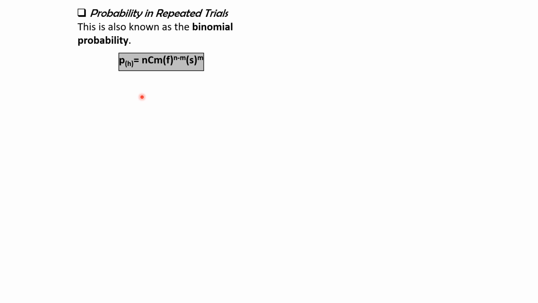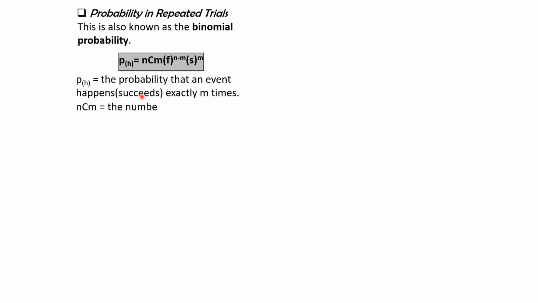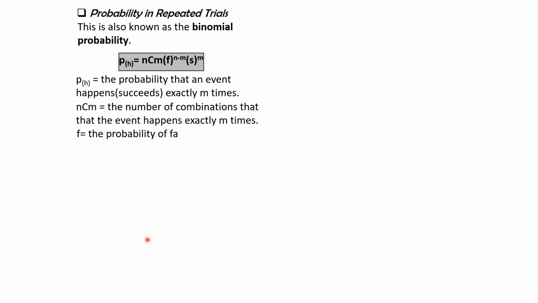F is the probability of failure of a single event, while S is the probability of success of a single event.